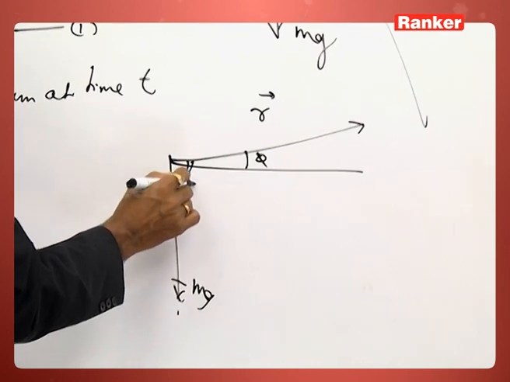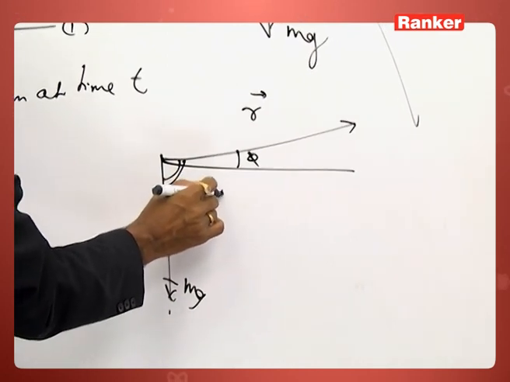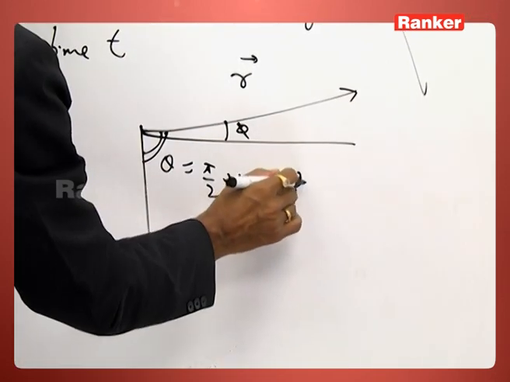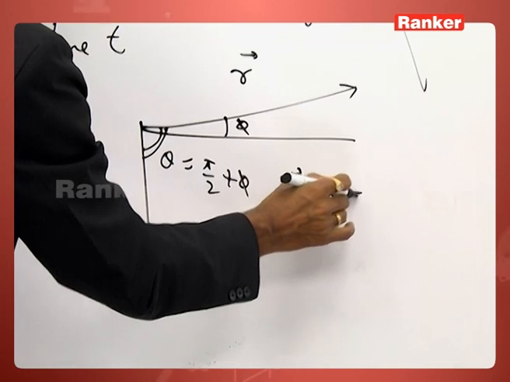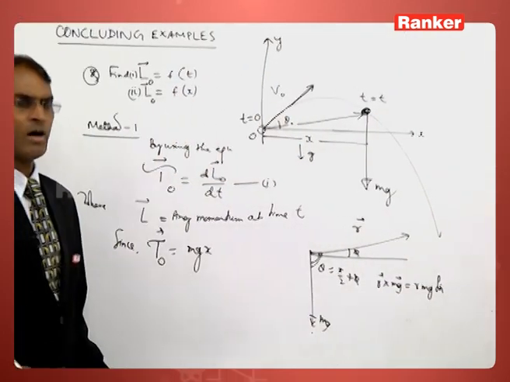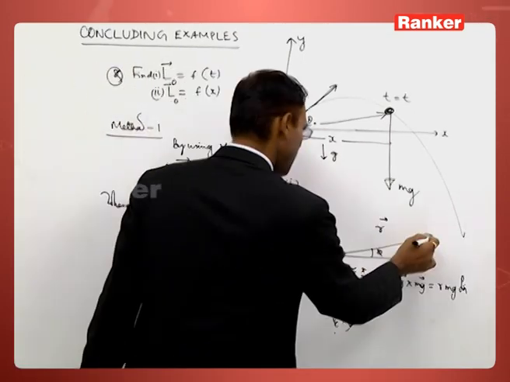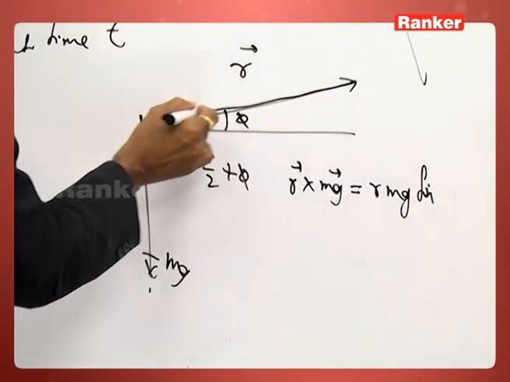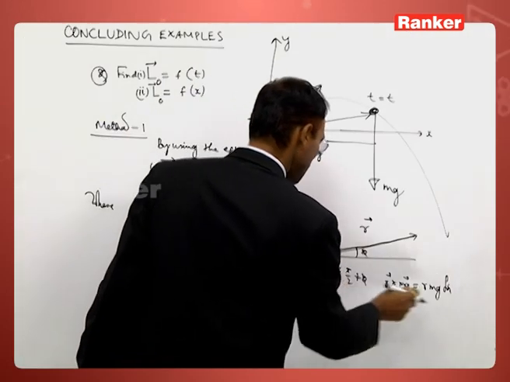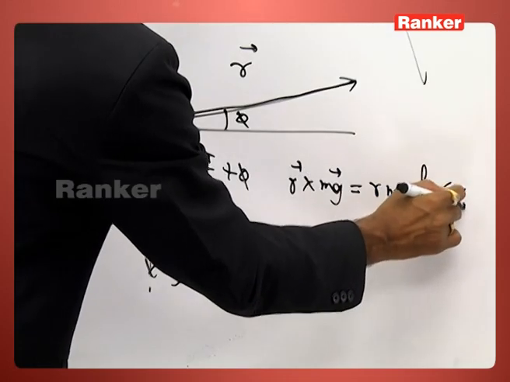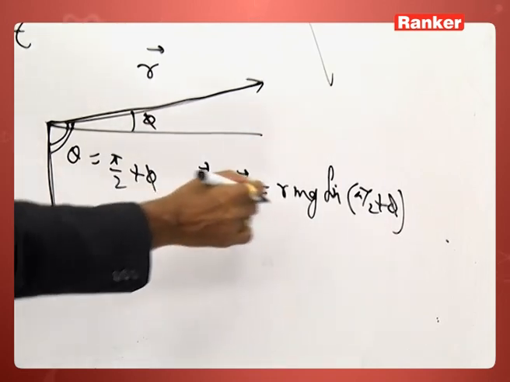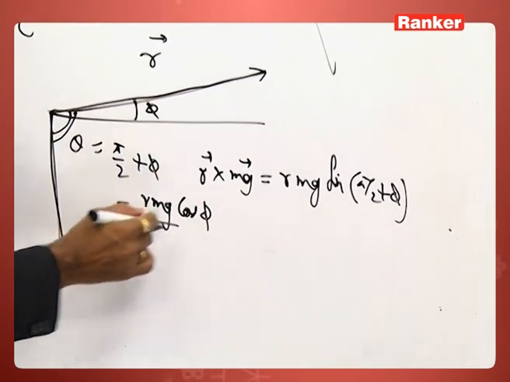So r cross mg is equal to r mg times the sine of the angle between the r vector and the mg vector, and the angle between these two vectors is equal to pi by 2 plus phi. That's equal to cos phi multiplied with r mg.